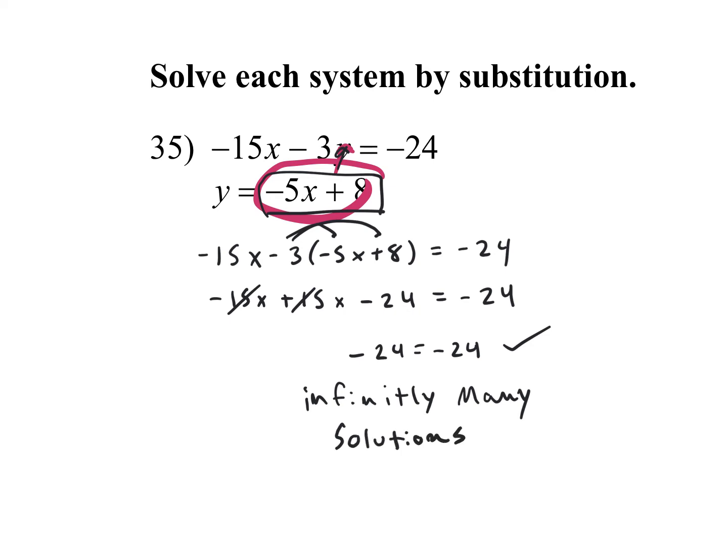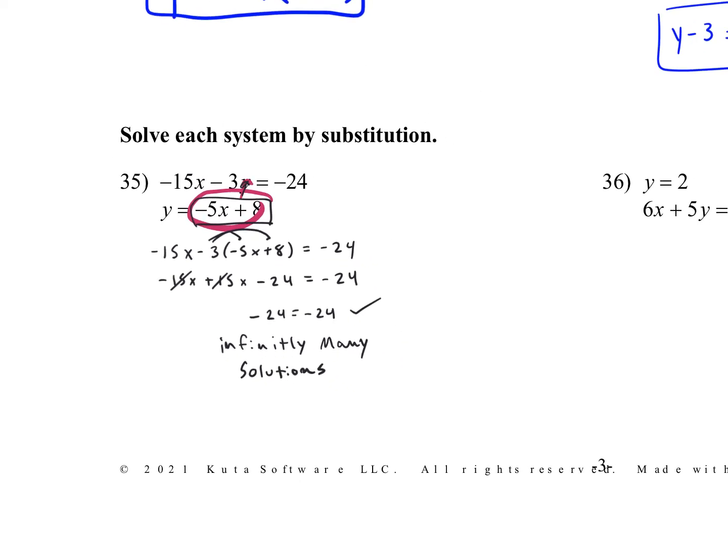Perfect. So if you ever get like a number is equal to the same number or 0 is equal to 0, your answer is infinitely many solutions. If we got like x is equal to a number, remember you have to go back and plug that in to find y. Any questions there?